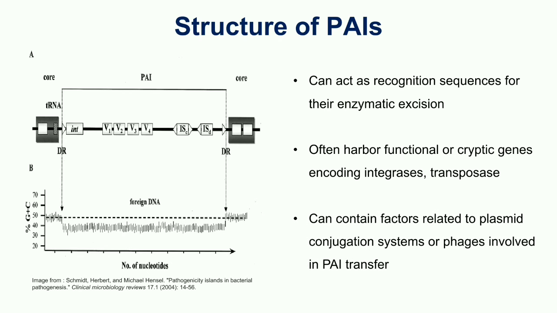They can also contain factors other than integrases or transposases, such as factors related to plasmid conjugation system or phage involved in the PAI transfer. Basically, these genes will confer mobility to the pathogenicity island.